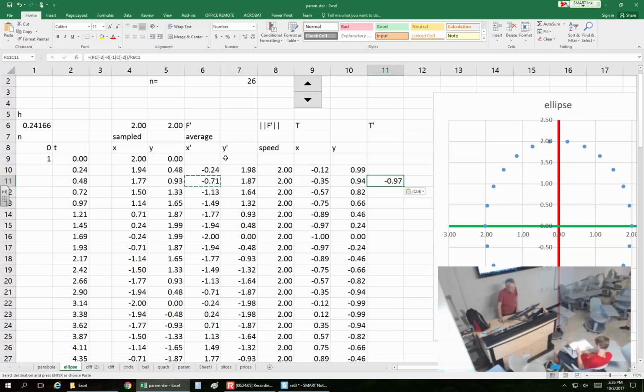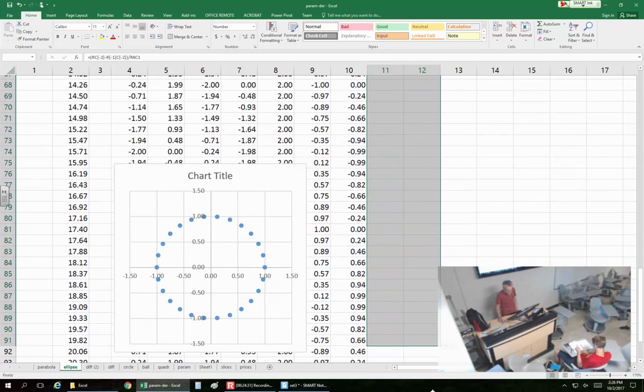Okay, let's see. What does the formula say? It says, correctly, the x component of the new vector, the derivative, is the difference between computing T prime and computing T. X components are subtracted, divided by the time interval. That's fine, and then we spread it to the right and then down.